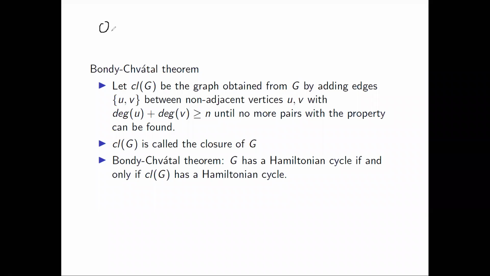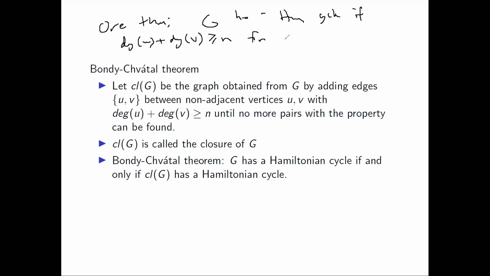So Ore's theorem told us that G has a Hamiltonian cycle if degree of U plus degree of V is greater than or equal to n for all non-adjacent vertices U, V in V of G.